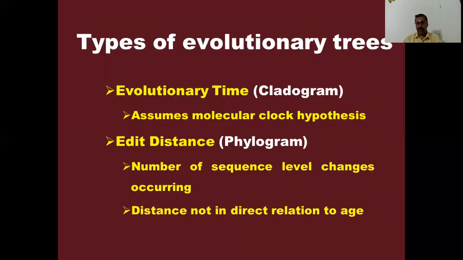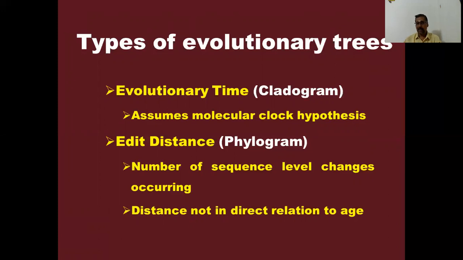Two types of trees we can broadly classify, rooted and unrooted. You can also classify phylogenetic trees in this format: one is cladogram, another one is phylogram. Predicting a tree by using a cladogram uses time as the primary variable to find the relationship between the species.